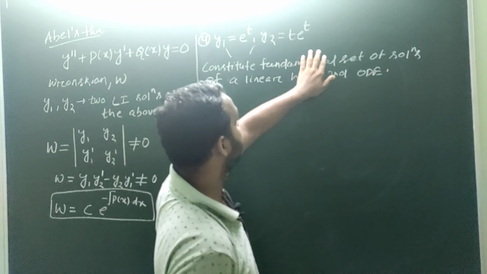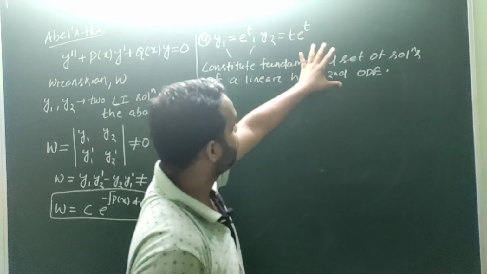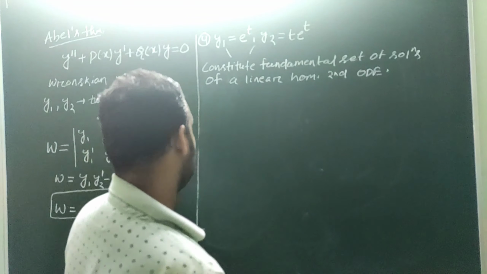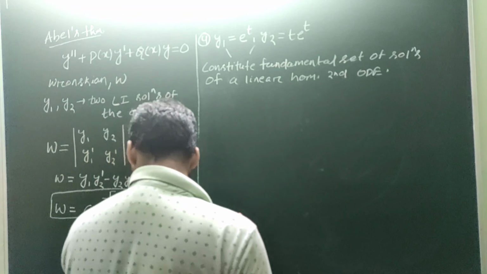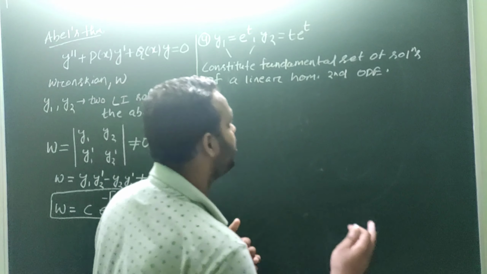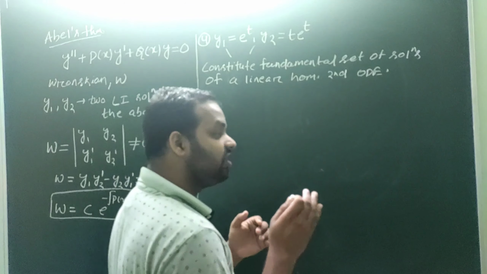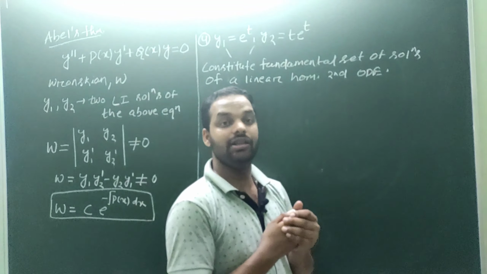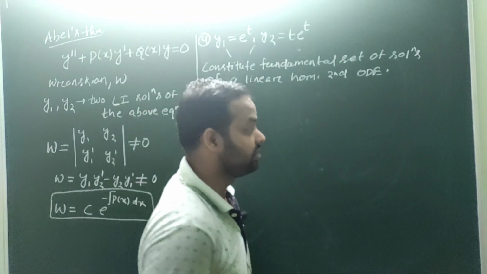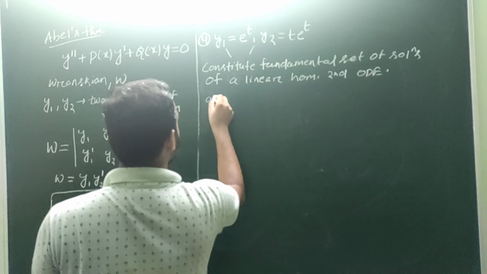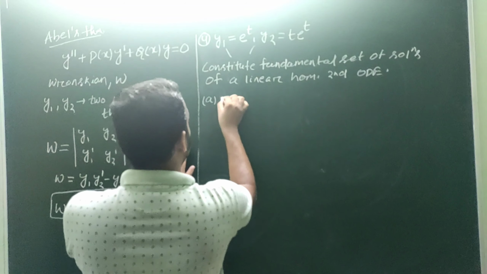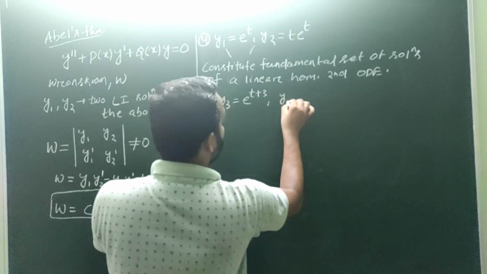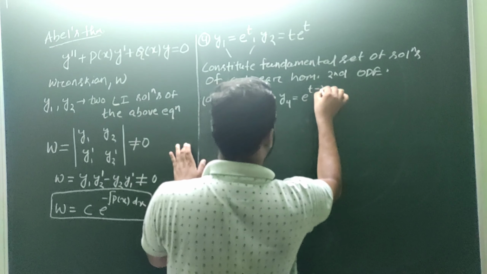Don't get confused by the term fundamental set of solutions. This only means that these two are linear independent solutions. He has given four options, each containing a pair of solutions, and he is asking which of these options don't represent another fundamental set of solutions. Option A is y3 equals e to the power t plus 3 and y4 equals e to the power t minus 2.